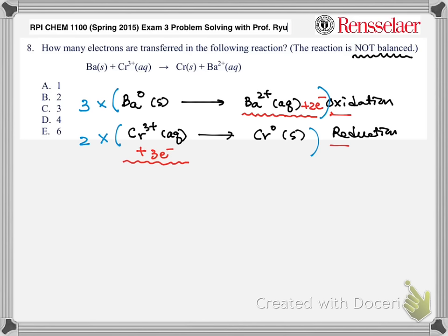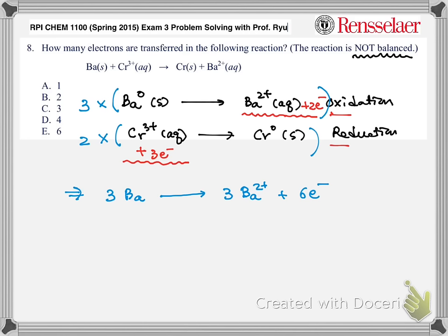And then eventually this equation becomes 3 barium becomes 3 barium 2 plus plus 6 electrons.